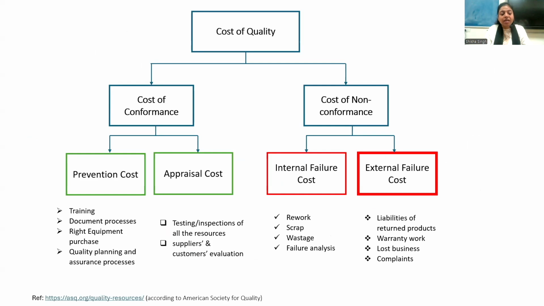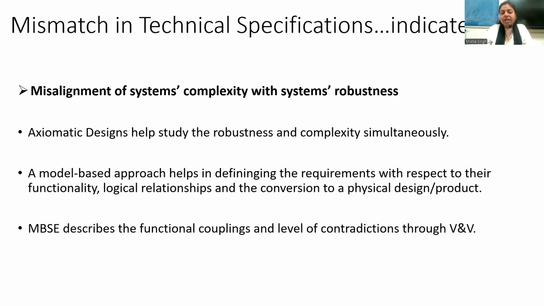In this case, we are seeing what the external failure cost is. Then you see the mismatch in technical specifications. One thing we have seen, the quality angle. So General Motors was facing the external failure cost of quality.